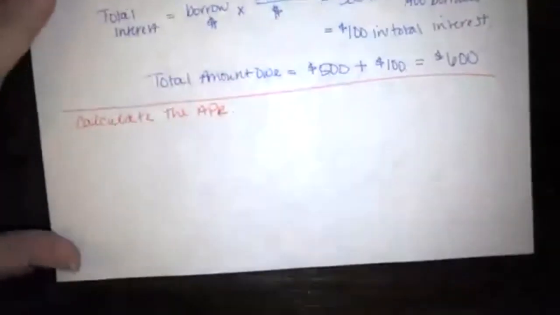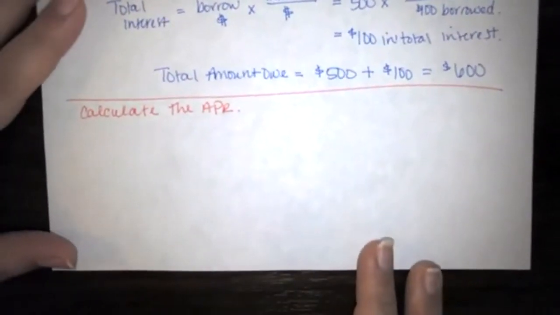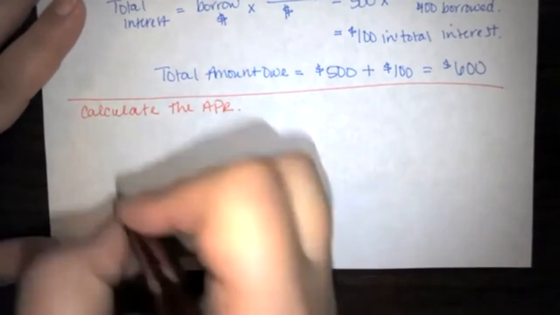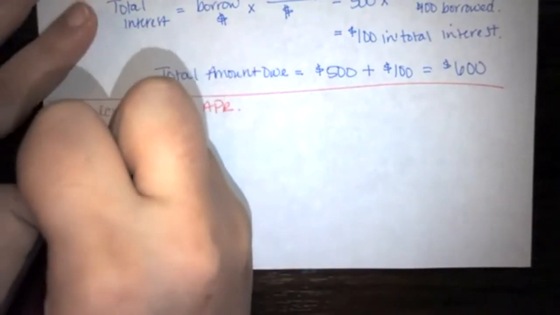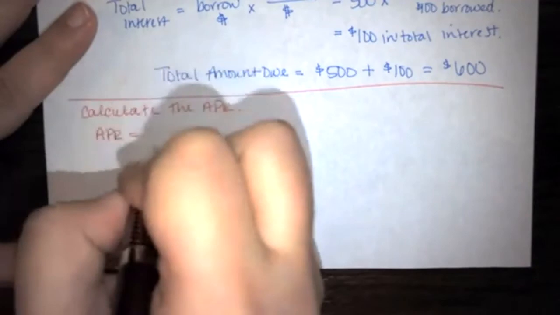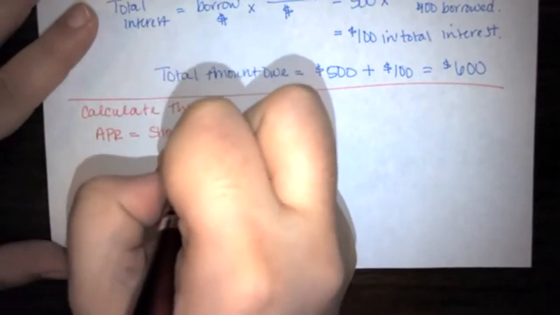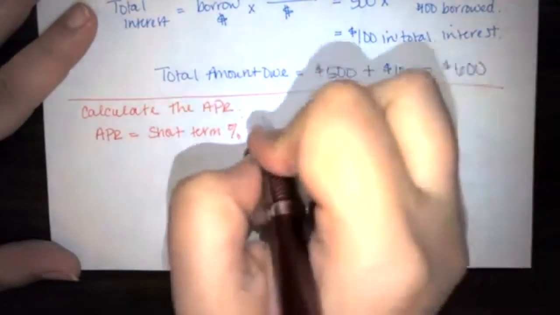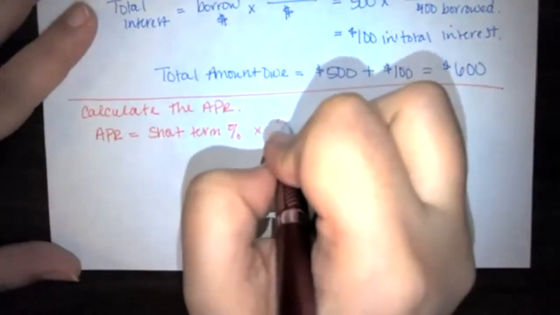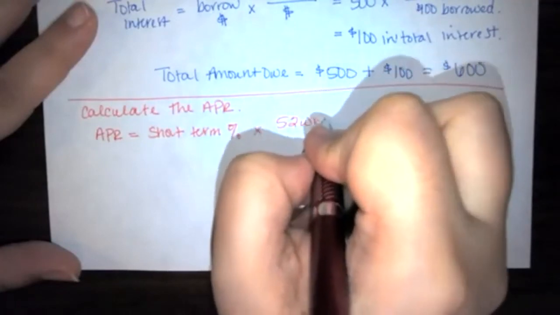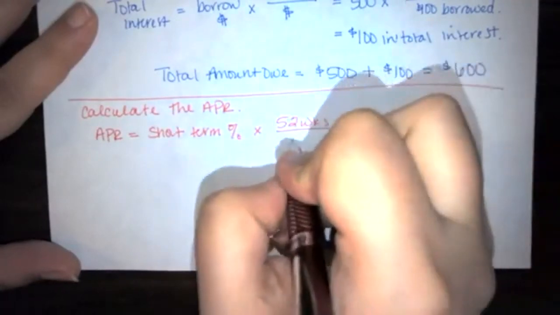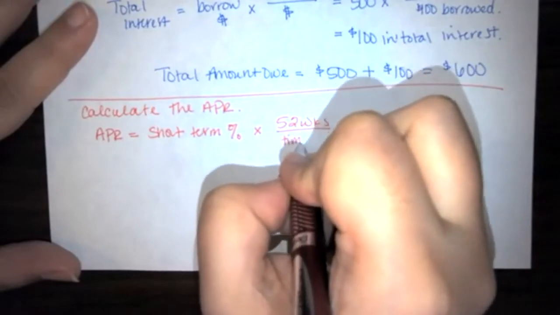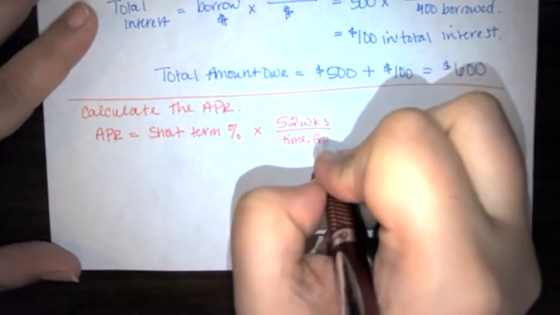So there's a few things that we have to look at here to calculate APR. First, our APR is essentially going to be what's called your short-term percentage times the fact that we have 52 weeks per the time frame of the loan.